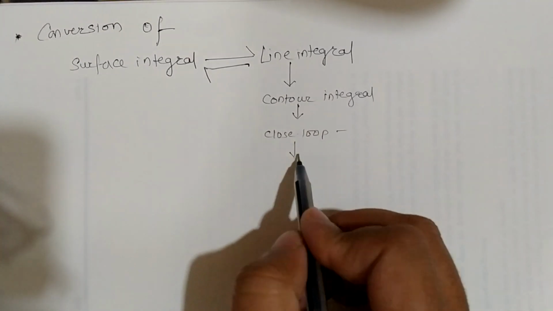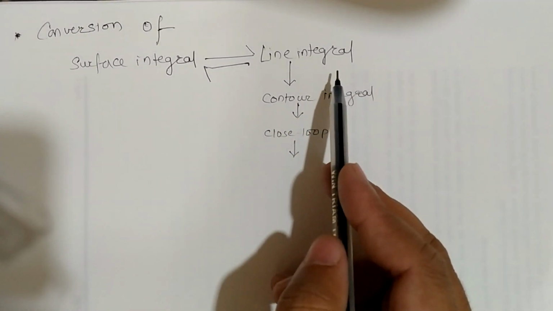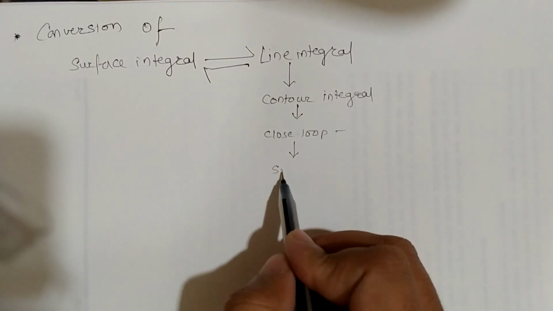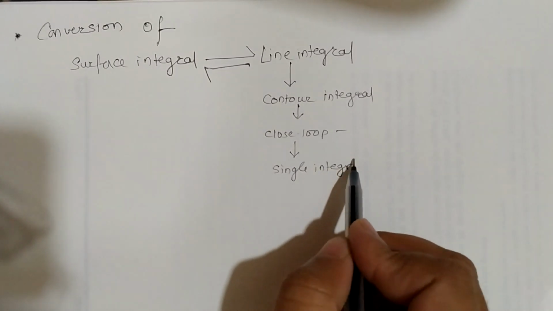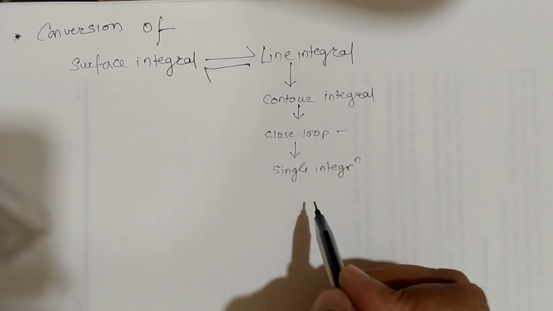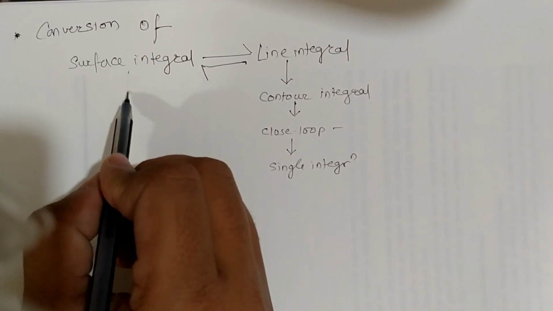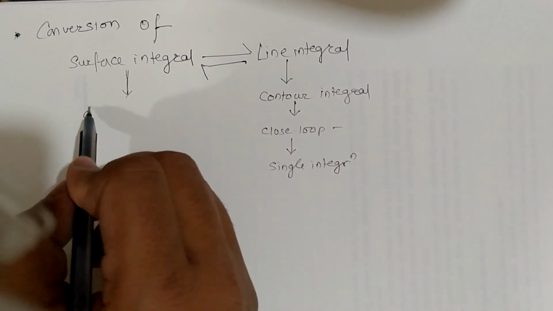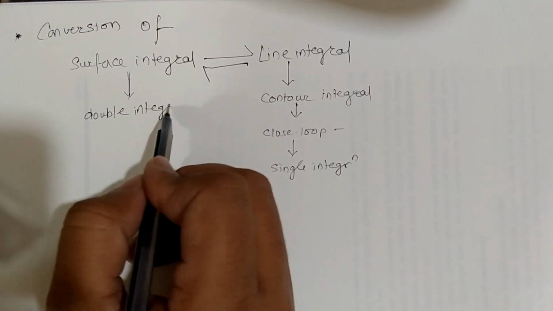Therefore, while solving mathematically, this line integral, contour integral, or closed loop integral will always be a single integration. At the same time, the surface integral is generally solved with the double integration method.